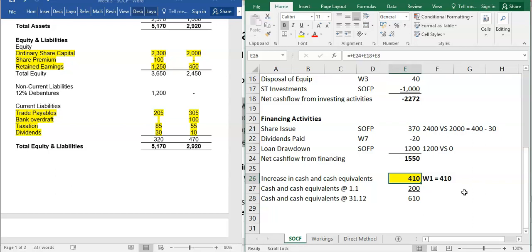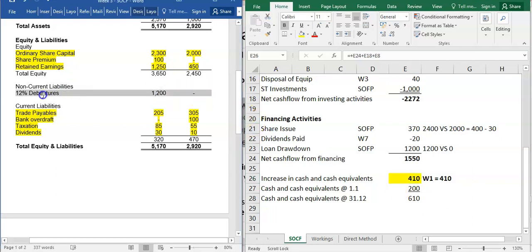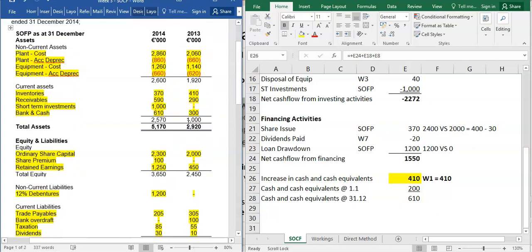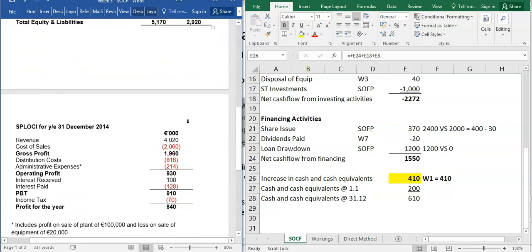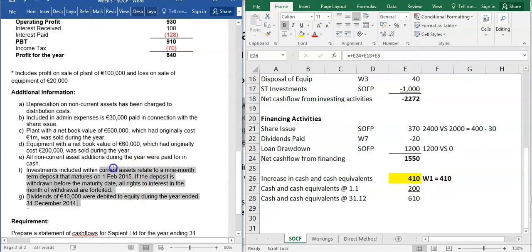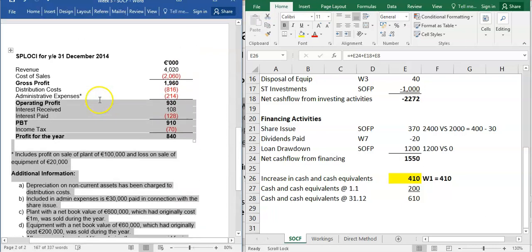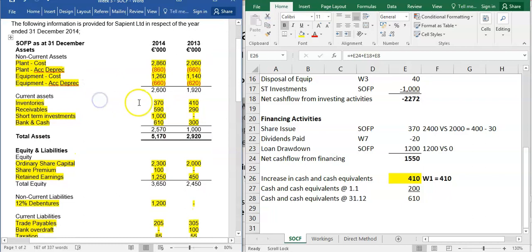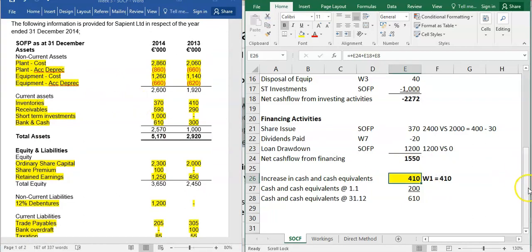So that's why I always emphasize that statement of cash flows is like a puzzle. It's you're moving between the opening and closing balances on the statement of financial position. And if you can tick them all off and find the plug figure that's related to the statement of cash flows, using all this extra information that's given, you won't be too far off. So it's a nice question whether you know you're right or wrong, and you can go back and investigate quite quickly if it doesn't tot up.